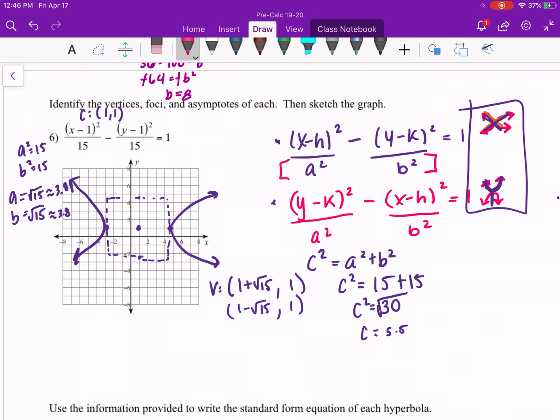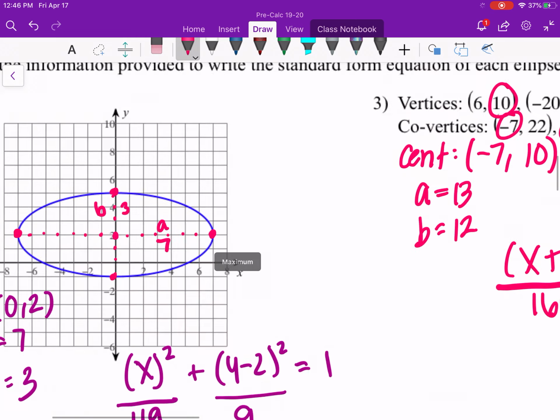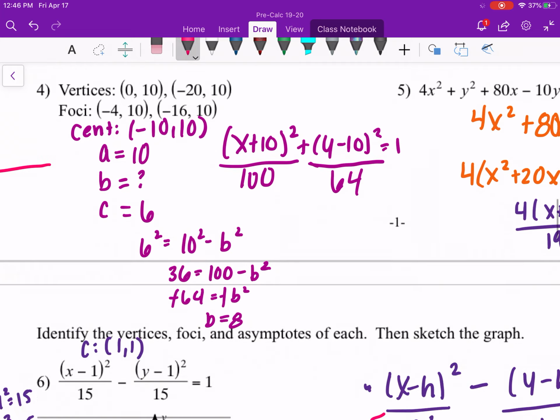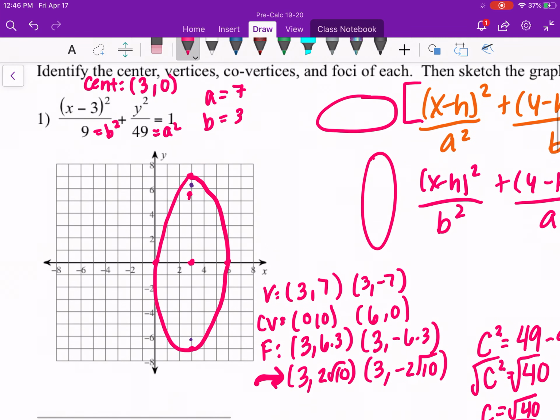And so again, if you're wondering why it is plus when it used to be minus, that's because if you think about it in an ellipse, the foci are always going to be inside the ellipse like these guys were. Because if you think about it, these are your two parabolas. Like this is a parabola and this is a parabola. And so remember, your parabolas are always the bowl of cereal and the foci is the cereal.